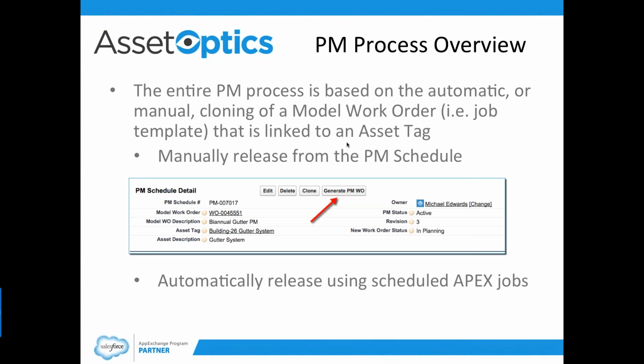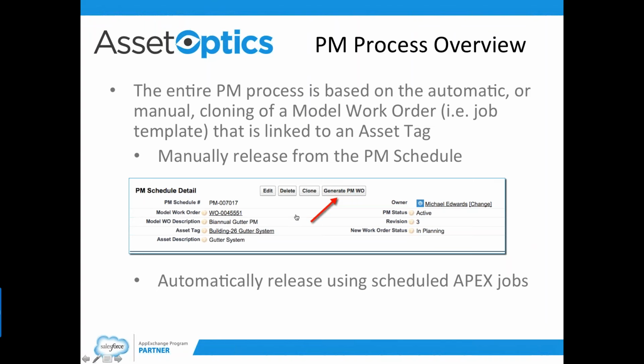That model work order can be linked to many different assets so that job template can be used over and over, and then you specify what type of scheduling cycle that you want that to be released upon. That is the actual PM schedule. When you create a preventive maintenance schedule, you can manually release the work order off of that PM schedule, or the work orders can be automatically released using a scheduled job that runs in the background.